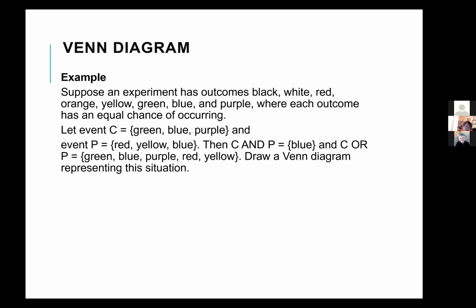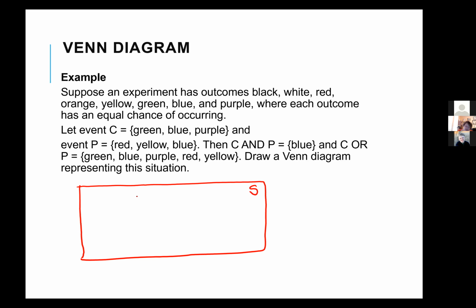Okay, so let's draw this. So here's my sample space. Here is event C. And they do overlap because they share an outcome in common. If they didn't share an outcome in common, they'd be two separate circles called disjoint. They wouldn't have any overlap, or the overlap would be empty, one or the other. So C is green, blue, and purple. P is red, yellow, blue.